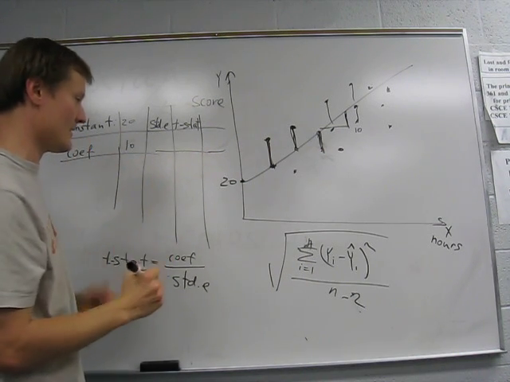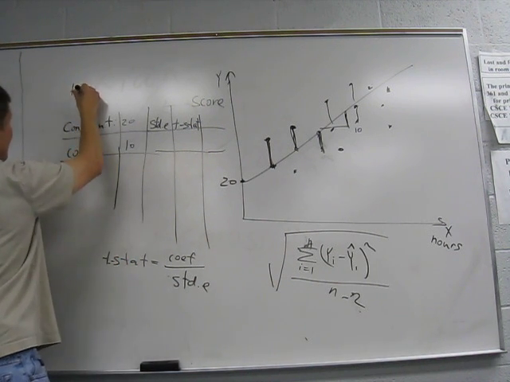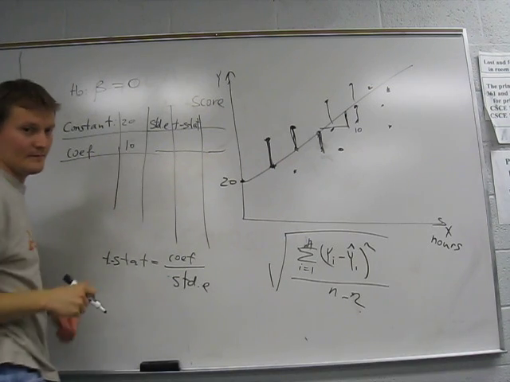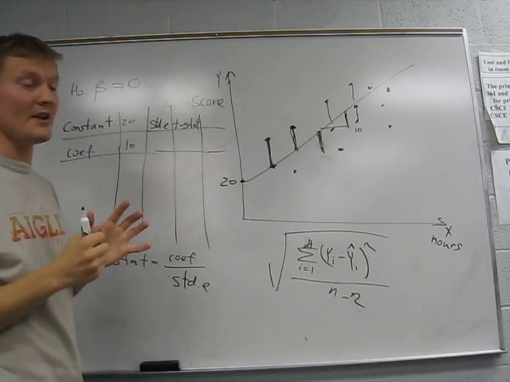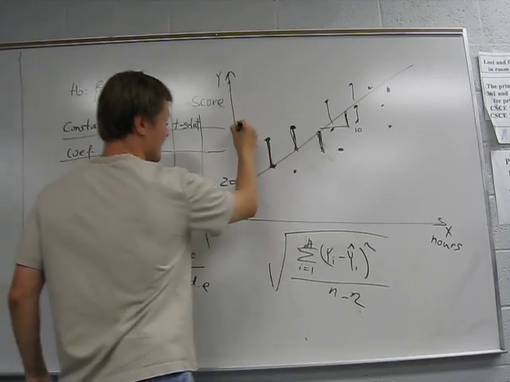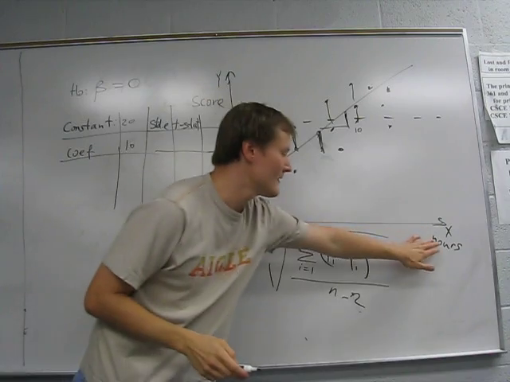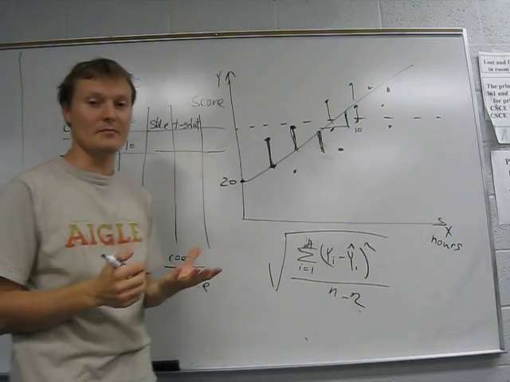That's our null hypothesis. Beta equal to 0 means there's no relationship between hours studied and the score on the exam, because that's what beta 0 implies.